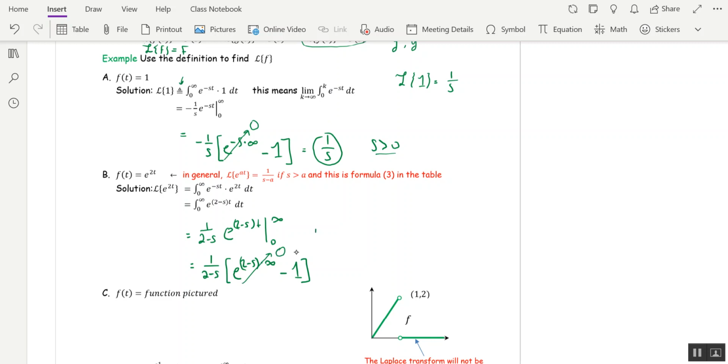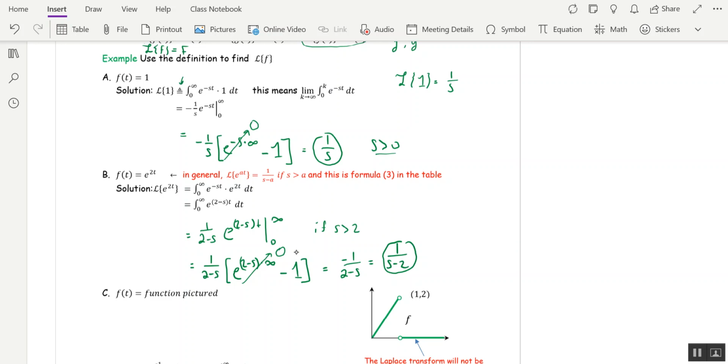It's going to be 0 if s is greater than 2. And so I'll get negative 1 times 1 over 2 minus s, which is positive 1 over s minus 2, which is what you would have gotten if you had used the table.